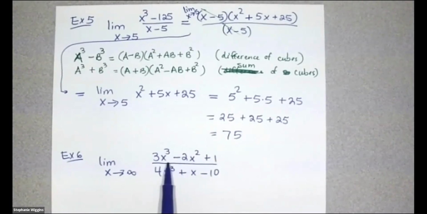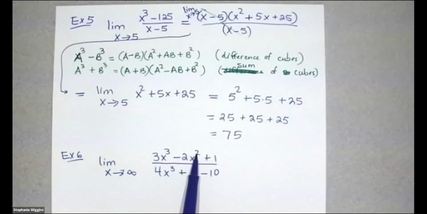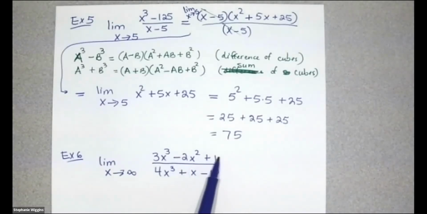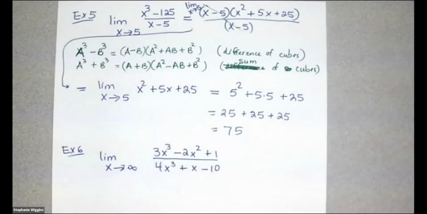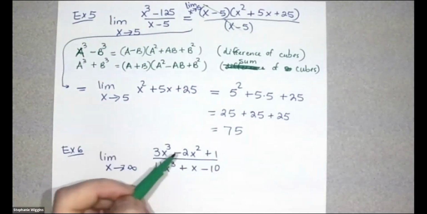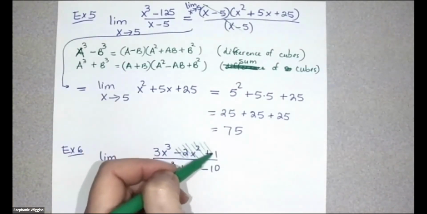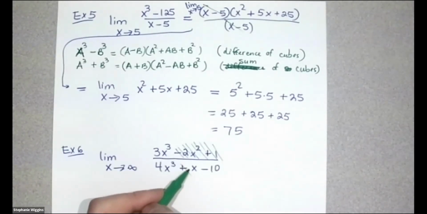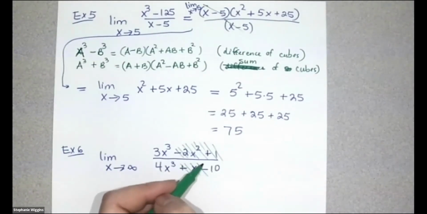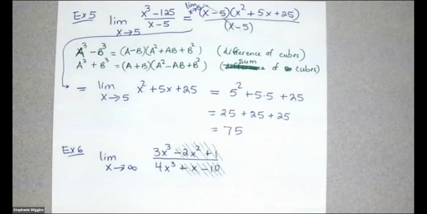So basically, because this is the most powerful term, because we have a cube, and here we just have a square, and here we have a constant term, this is going to get swallowed up. So I can kind of ignore these, okay? So I'm just going to put this little hatch mark through there just to say we're just going to ignore those values. They're there, but for really large numbers, they're inconsequential.